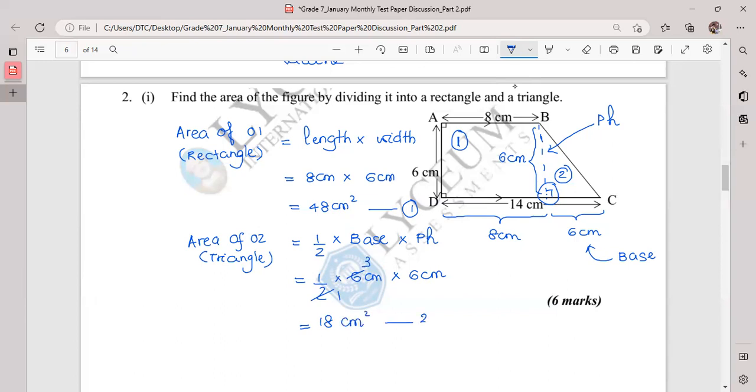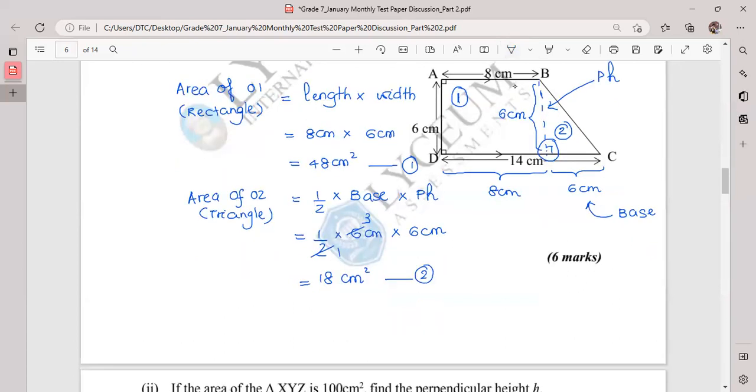So this is number 2, right? Then you want to find the area of the given figure. Area of A, B, C, D, trapezium, right? How do you do this? You want to add 1 and 2 together.